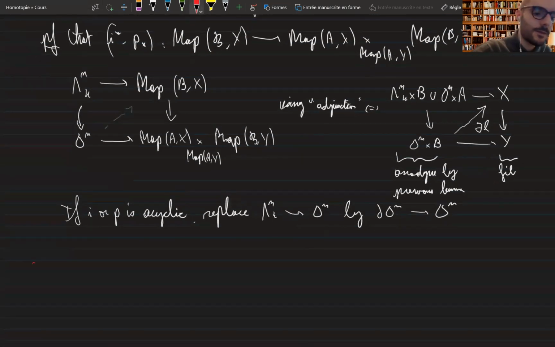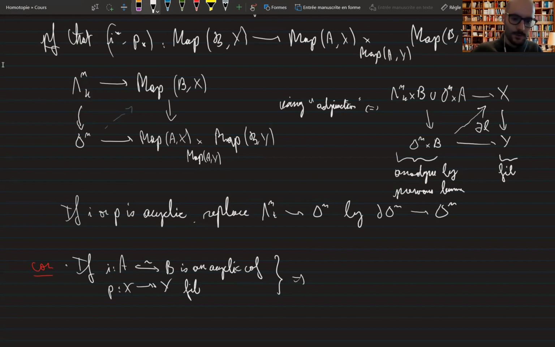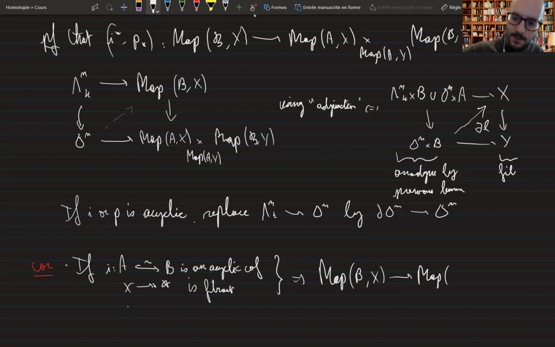So all of this to prove the following corollary. If i from A to B is an acyclic cofibration and p from X to Y is a fibration, then if you replace Y by the terminal object, X is fibrant, and the map from Bx into map of Ax.